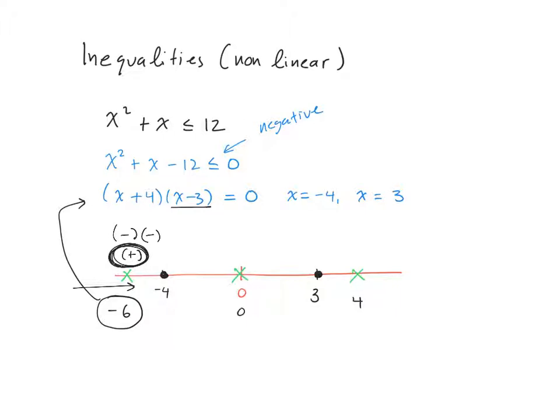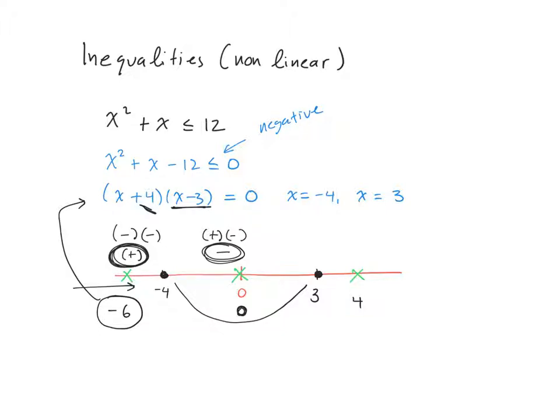Next, check 0. If you plug in 0 in this one, you will get 0 plus 4, which is 4, that's positive. 0 minus 3 will be negative, and positive times negative is negative. So anything between here and here will be negative.